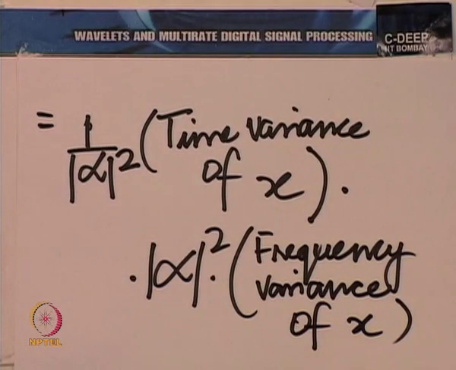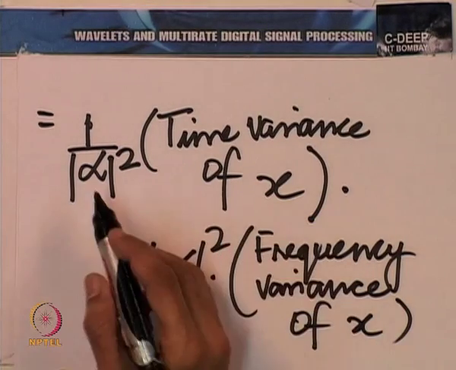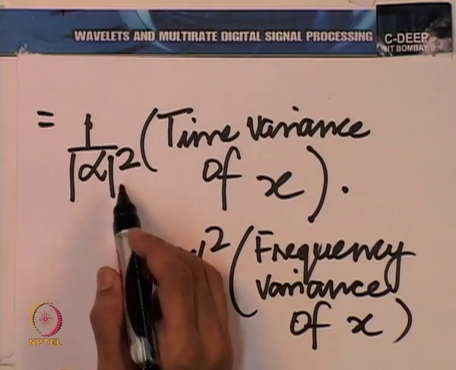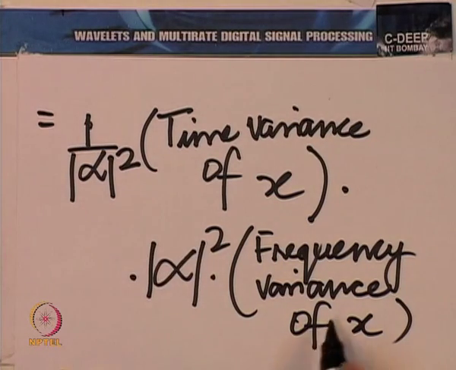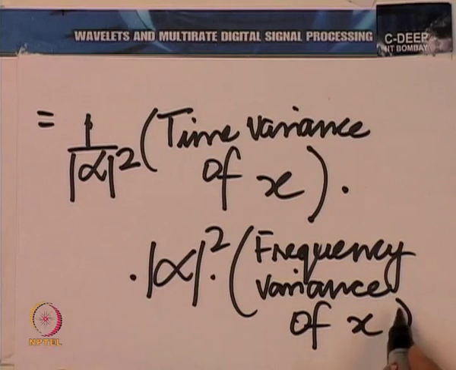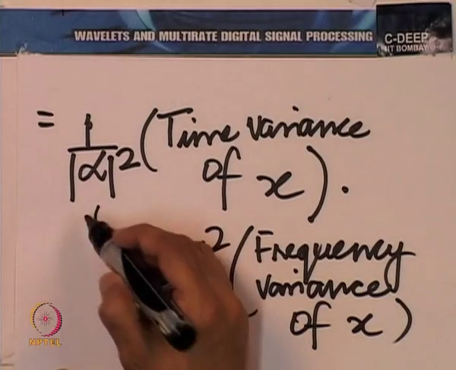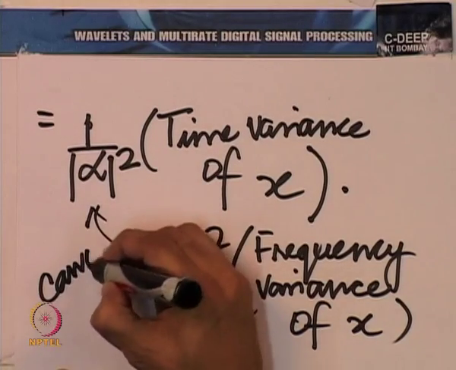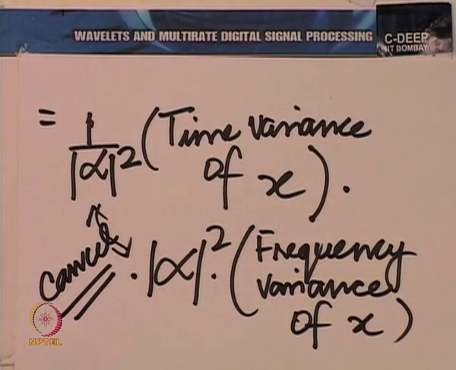That is very interesting. The time variance is multiplied by 1 by mod alpha squared, and the frequency variance is multiplied by mod alpha squared. So, when you take a product, these two cancel. And because they cancel, you get just the time variance of x times the frequency variance of x, which is essentially the time bandwidth product of x.